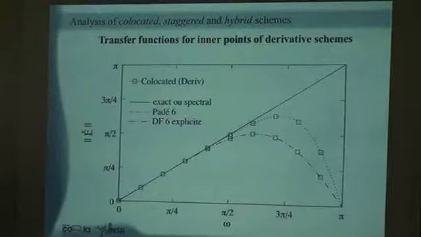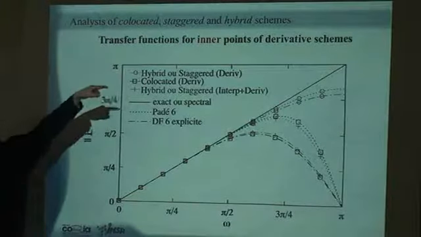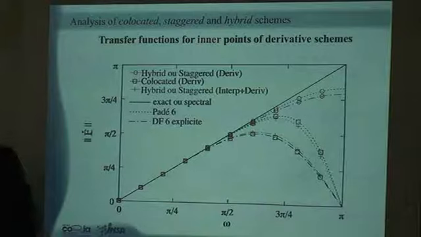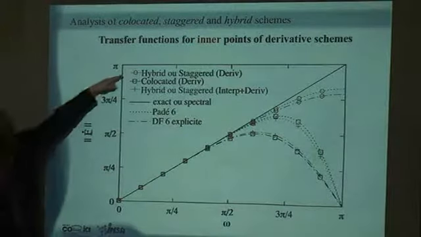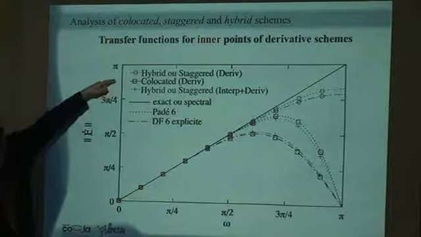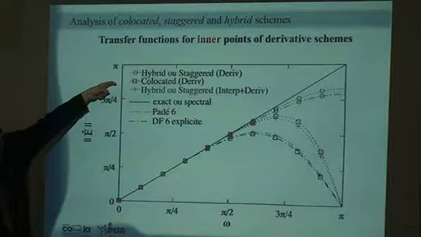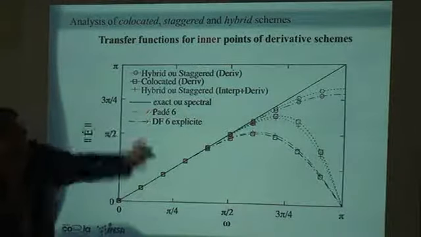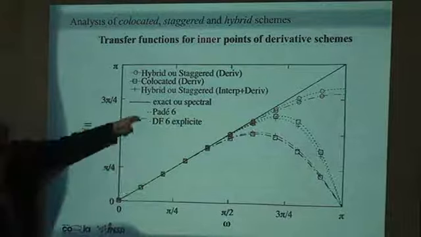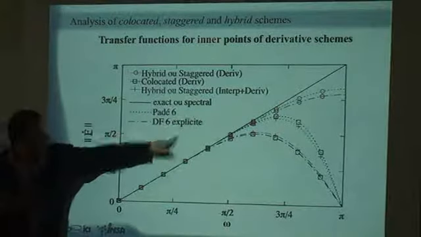This is, I would say, well known. For the hybrid or staggered, the inner points have the same transfer function, and for the collocated, we have another transfer function. We can compare that with the exact solution for the Padé 6 or for the sixth order explicit finite difference scheme.